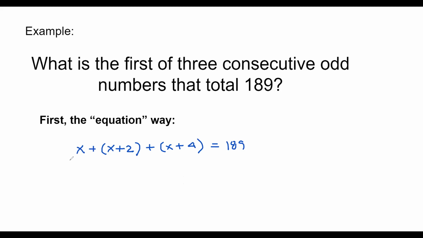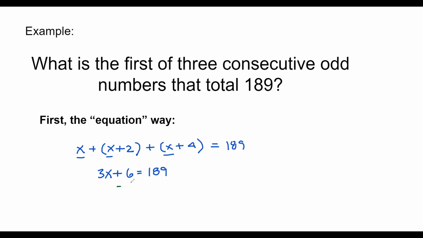Now we could combine like terms. x, x, and x, these are all like terms. Those would combine to give us 3x. And positive 2, positive 4 would combine to give us plus 6. This is why we learned about combining like terms. And that's all going to be equal to 189. Now we have to use our skills for solving equations.